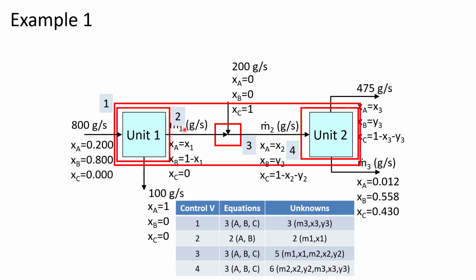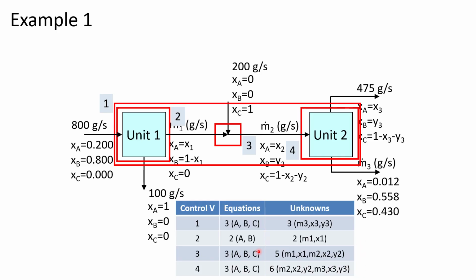M1 is hiding underneath the 2 there, but you can remember that there is an unknown flow rate there. So X1 and M1 appear in our table over here as unknowns. The other stream that exits from Unit 1, the bottom product, has no unknowns associated with it. So the total number of unknowns for control volume 2 is 2. That's exactly equal to the number of equations. There are 2 components inside that control volume.